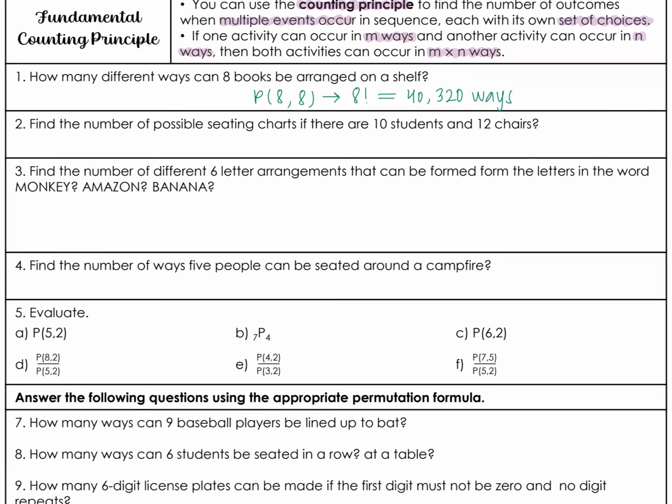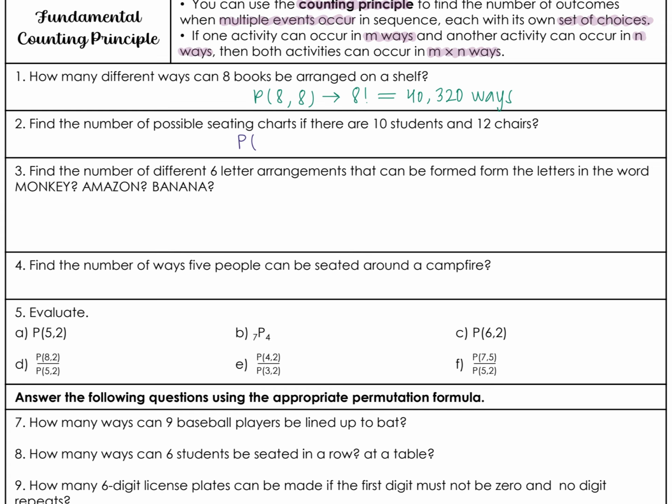Then moving into number 2, find the number of possible seating charts if there are 10 students and 12 chairs. All right, so they're trying to trick you in this one. Here we have a permutation, or order matters, because I could use the same people but switch them up and have a different outcome. But they're tricking you because they have that 10 first, 12 second. But what's your total amount that you have to pick from?